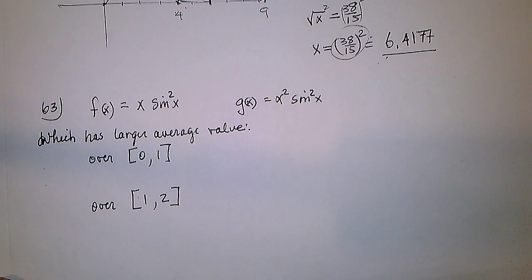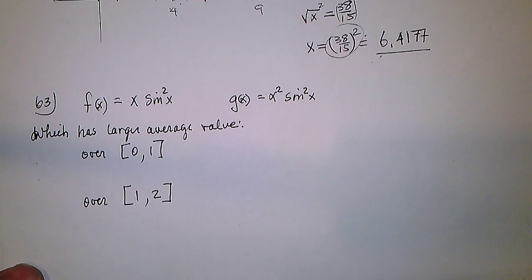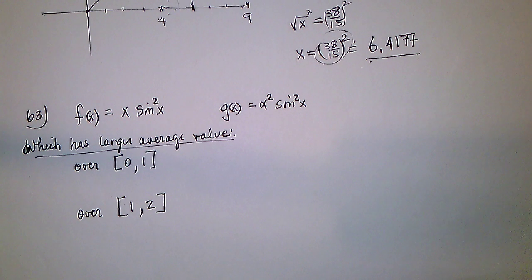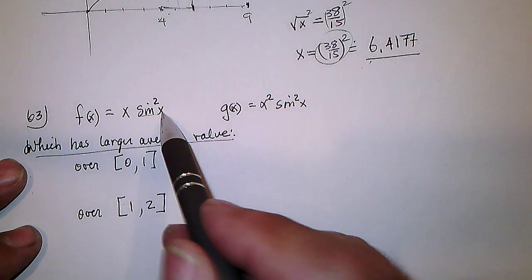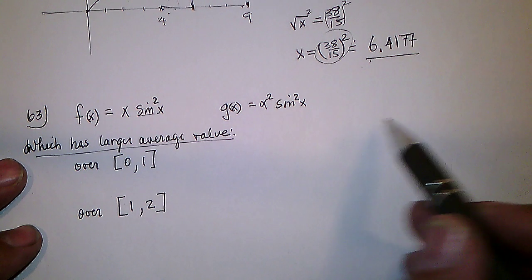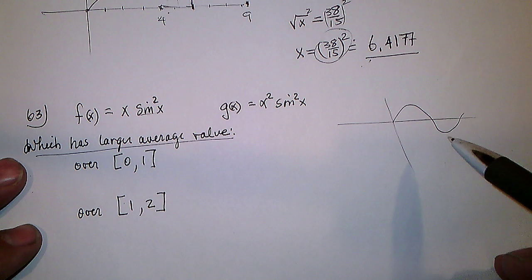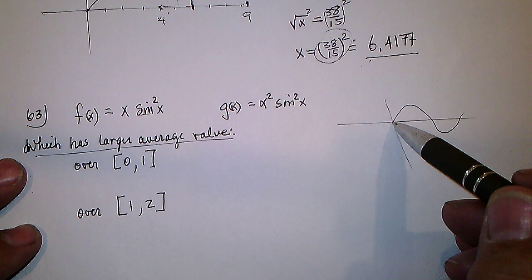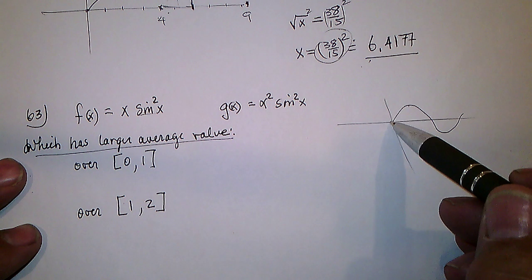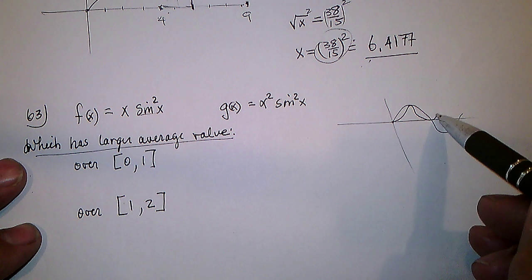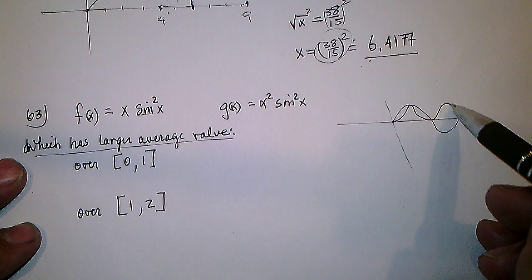And this one, which has the larger average value? Sine squared, sine curve. Sine squared is going to go, it gets up to 1, so small numbers are going to go kind of like this, and then it's going to do something like that.